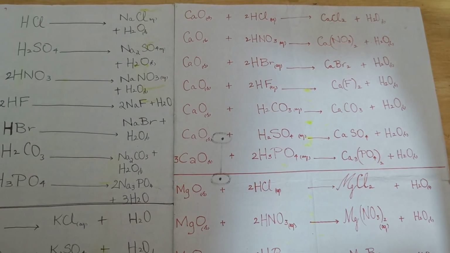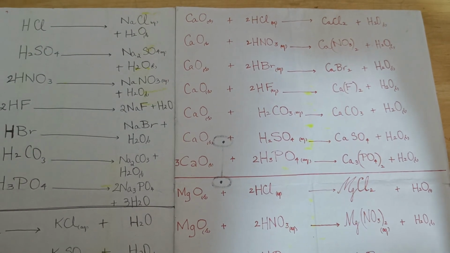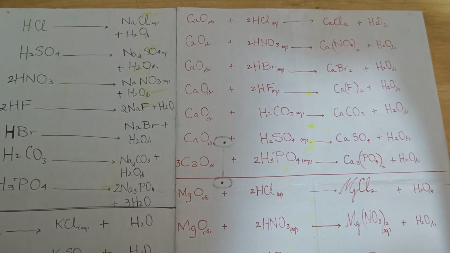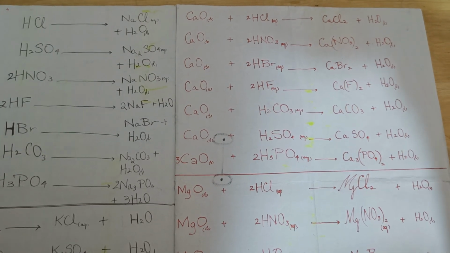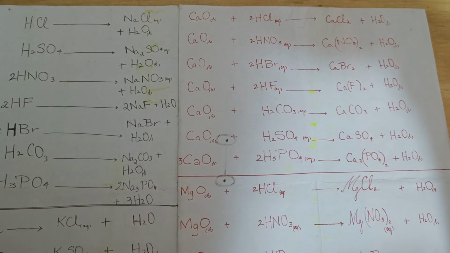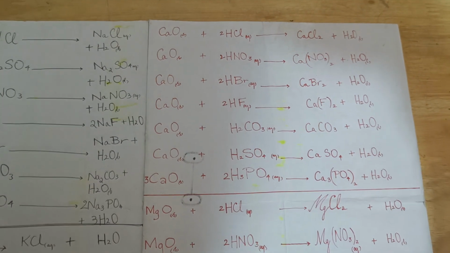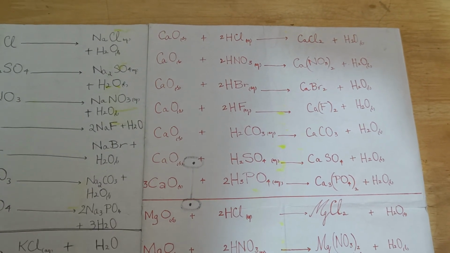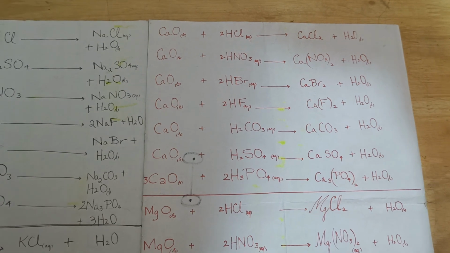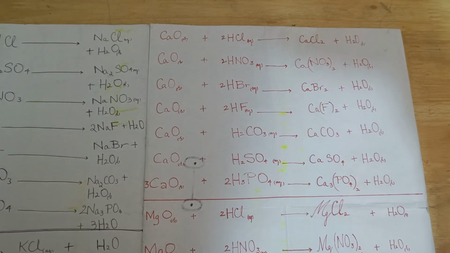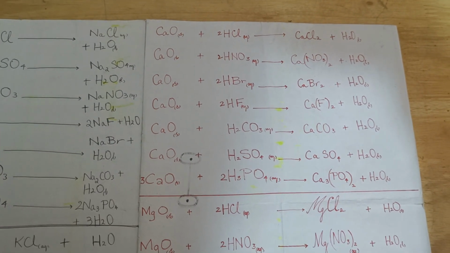So calcium oxide reacts with hydrochloric acid, nitric acid, hydrobromic acid, hydrofluoric acid, carbonic acid, sulfuric acid, and phosphoric acid. You can see the products: CaCl2, Ca(NO3)2, CaBr2, CaF2, CaCO3, CaSO4, and then calcium phosphate.